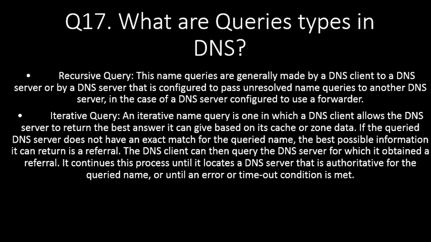The DNS client can then query the DNS server for which it obtained a referral. It continues this process until it locates a DNS server that is authoritative for the query name, or until an error or timeout condition is met.